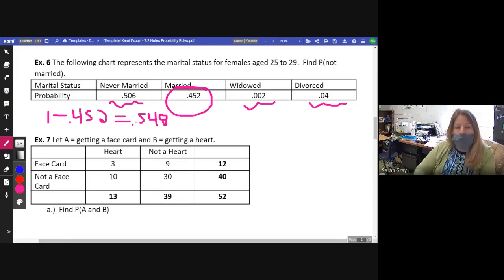That is the exact same answer you would get if you added up the 3 options instead of doing the 1 minus the 1 option. That is the complement rule. It has to be the complete complement of it. Not married and married have to add up to 100%. Because those are the only 2 options. You're either married or you're not.